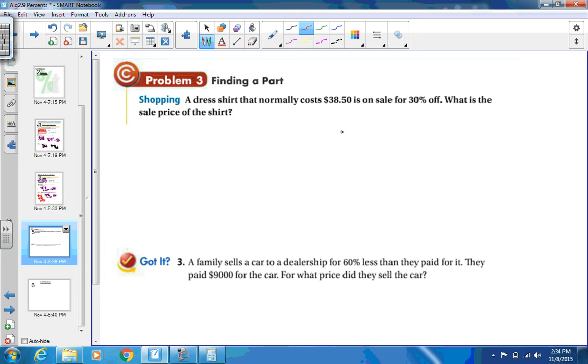So we have our 100, we subtract 30, and that's where we get 70% of the original. And that's actually how you find the sale price. If it's 30% off, that would mean it's going to be 70% of the original.